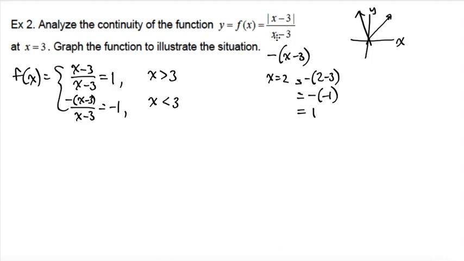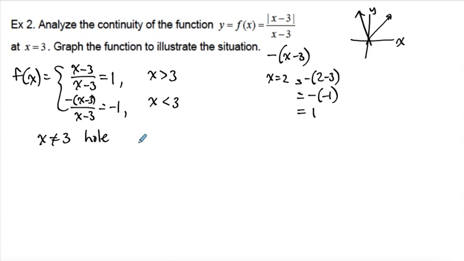So we're going to have a discontinuity at x equal to 3. So we know that x can't equal 3, otherwise the denominator will be 0. Actually, the whole thing would be 0 over 0 because it would create that indeterminate form. And so that's okay. We know that there's going to be a hole at the point x equal to 3, and so we're going to have a discontinuity there.